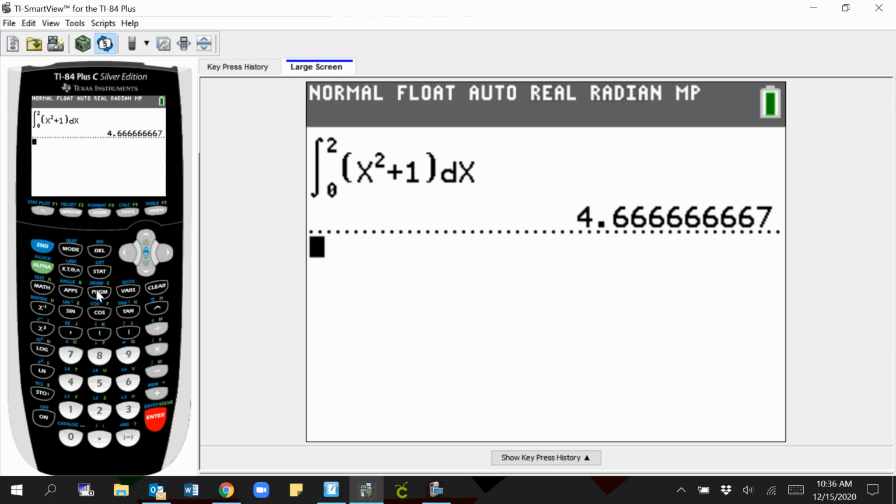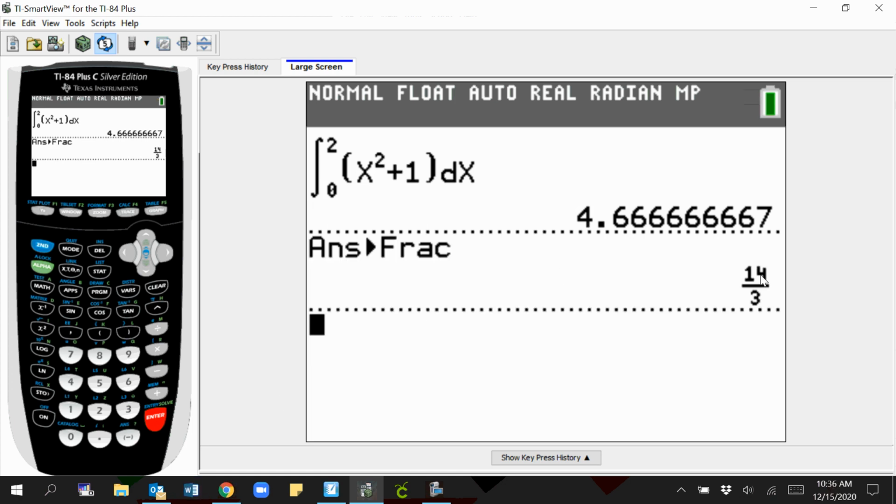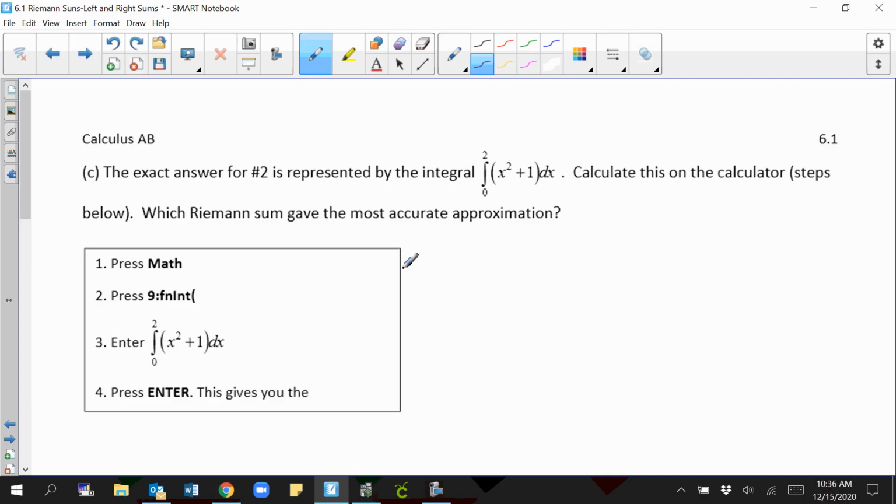I don't like that decimal, so I'm going to hit math, enter, enter, and it's going to give me my fraction, 14 over 3. So, it was 4.667 or 14 over 3.